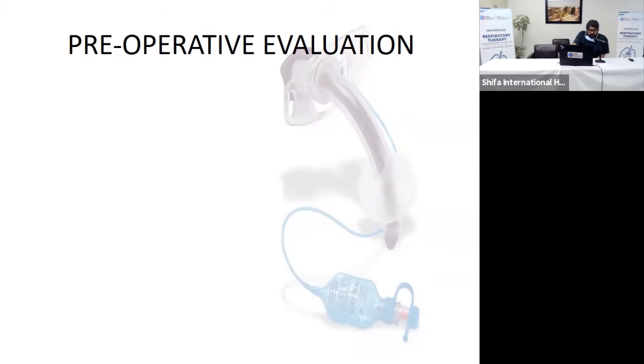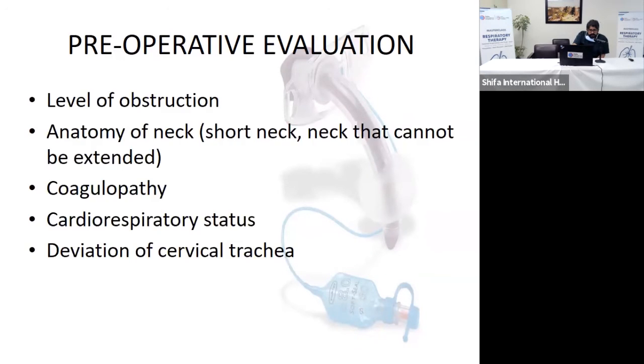When I get a consult or I'm called for a tracheostomy, I have to look at a few things as well. First of all, why we are doing it and what is the level of obstruction. Would my tracheostomy help, or would I be going through the obstruction? Then the anatomy of the neck is very important, because sometimes if you can't extend the neck, or the patient has multiple trauma, or for instance there is trauma to the face or neck where you won't be able to extend the neck, it becomes a bit difficult.